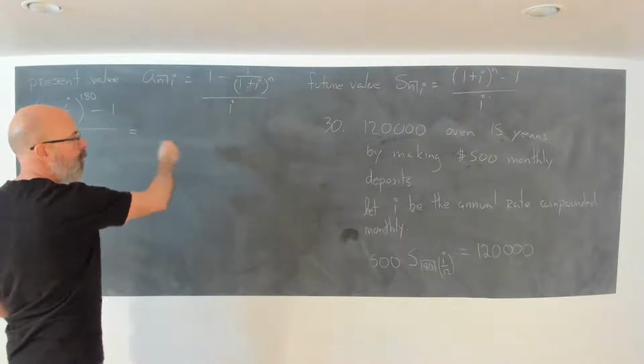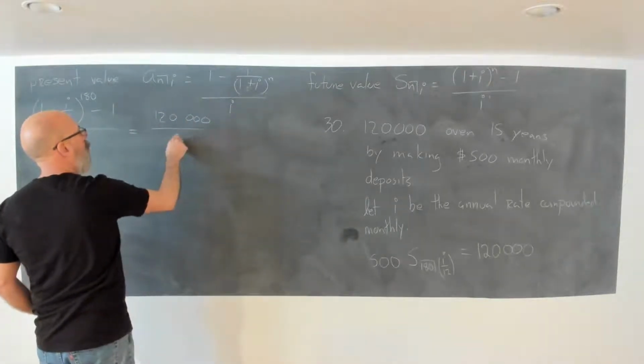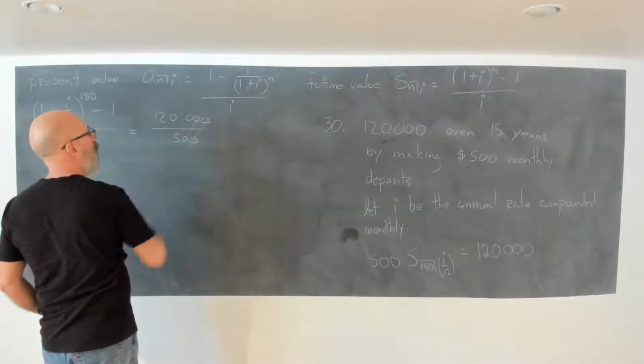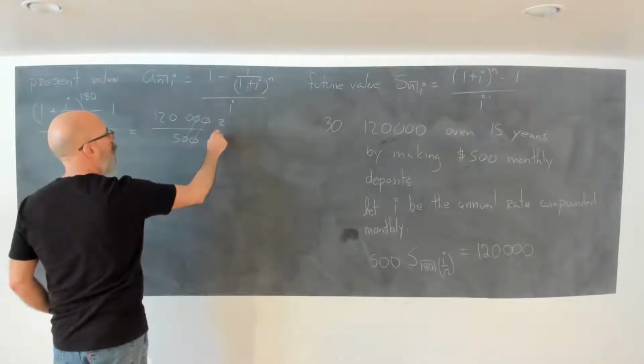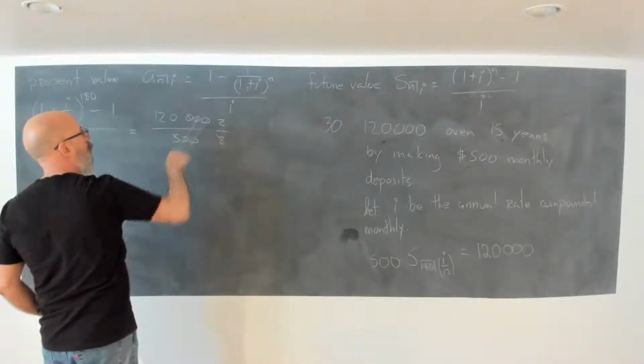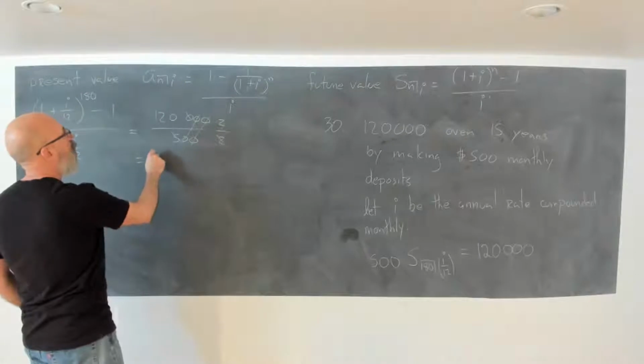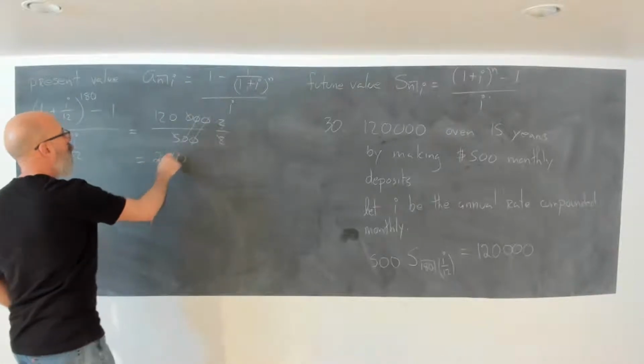That should be equal to 120,000 divided by 500. Then you cancel 2 zeros, and if you multiply by 2 over 2 is 1, then you can cancel another 0. So that is 240.